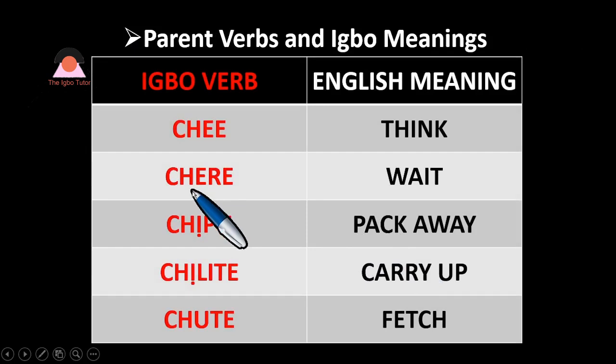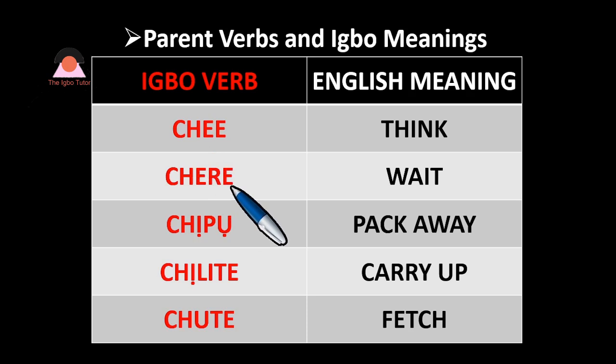We're picking Chere. This and this might look similar. When you are pronouncing or going to the past tense of Chee, it has the same spelling as this, but the sound is not the same. In that case, the past tense of Chee is low tone, Chere. This E, we have low tone. It will sound Chere.